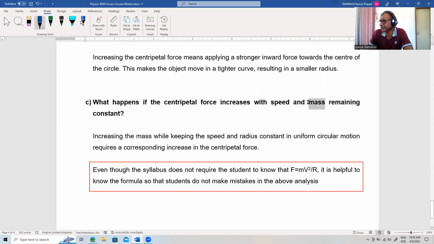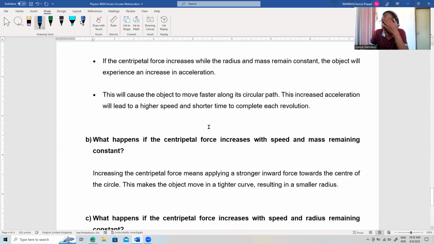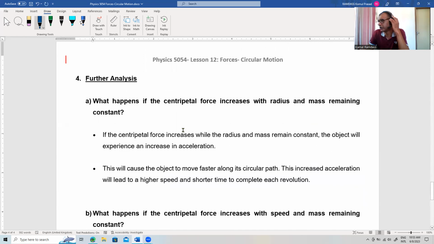Speed and radius remaining constant. Bon, au commencement, nous regardons ça pour ne pas faire confusion.